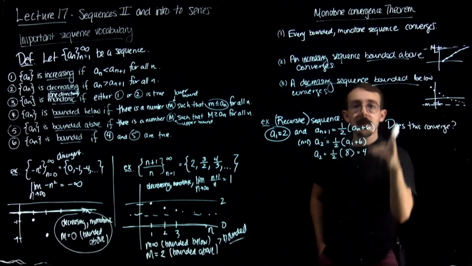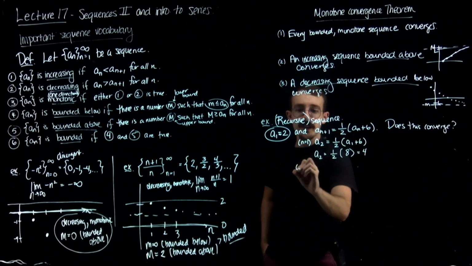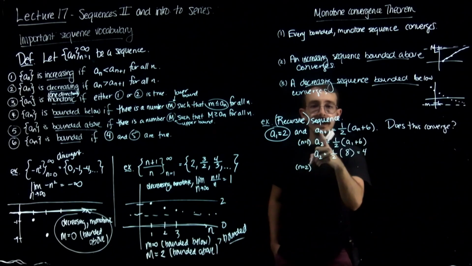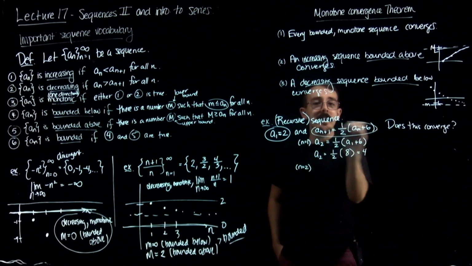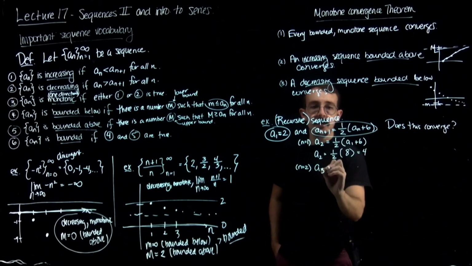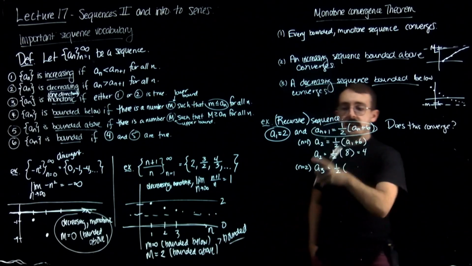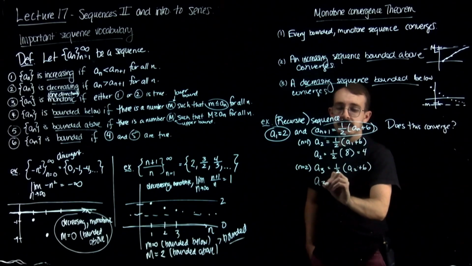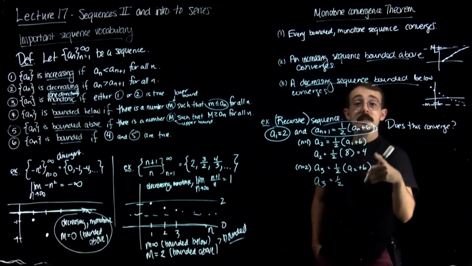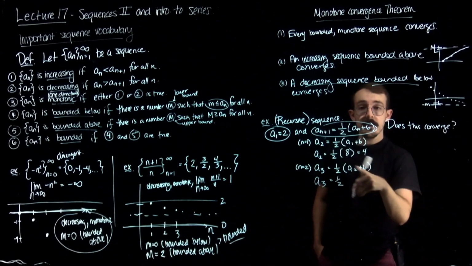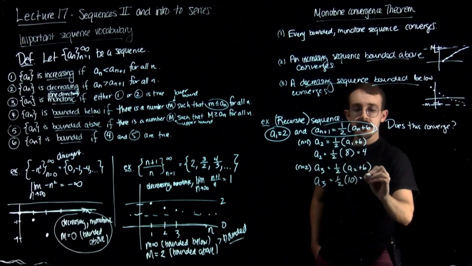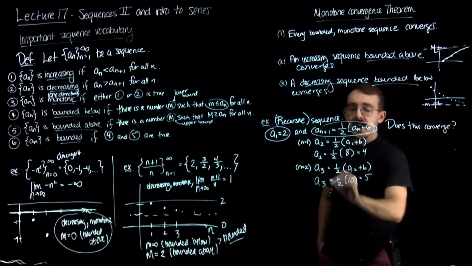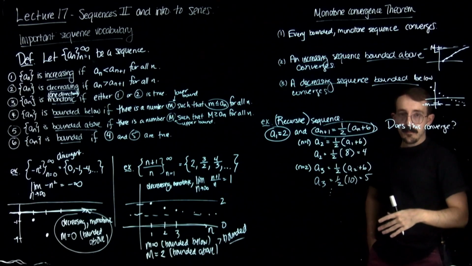Then you take that 4 and do another one. Now if n equals 2, we plug it into the formula from the very beginning. You get a sub 3 is 1/2 (a sub 2 plus 6). A sub 2 is 4, so plug that in. We have 10, so this is 5. And you can see how this continues forever, right?